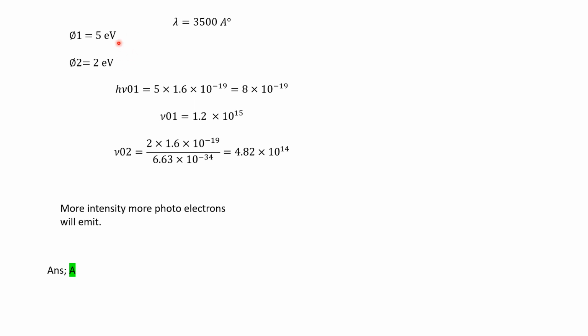From these two values we find that for metal A the intensity is 1.2 into 10 to the power 15 and for metal B it will be 4.82 into 10 to the power 14, and we know that more intensity, more photoelectrons will be emitted, so the answer will be A.